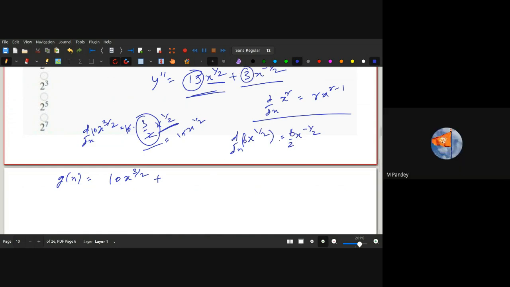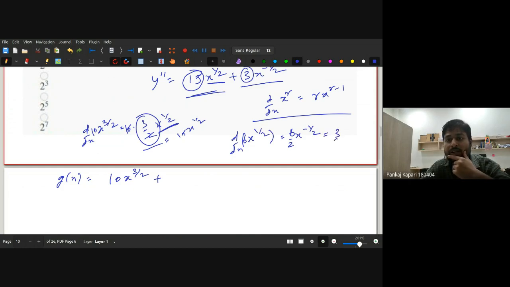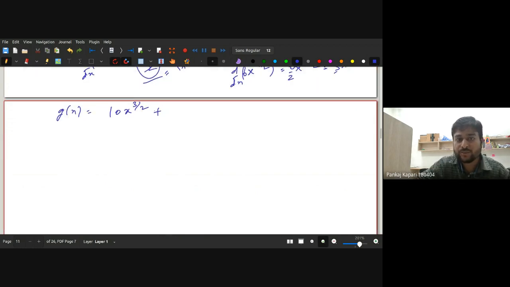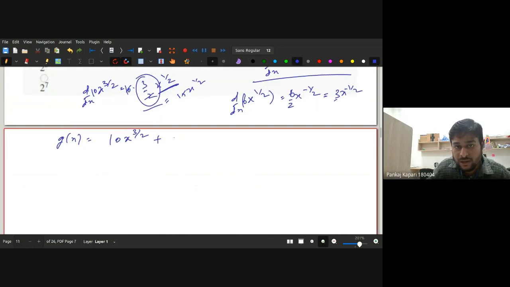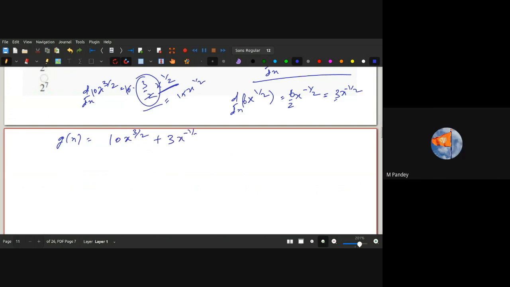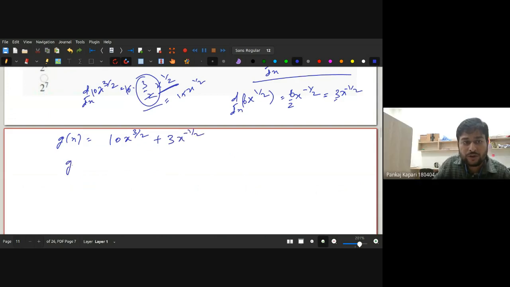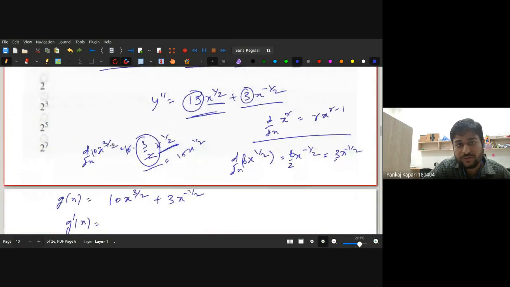So this is 6 by 2, and then you will get 3 times x to the power minus half. So we will consider this function, 10 times x to the power 3 by 2 and 6 times x to the power half. Now if you differentiate this function, then you see that you will get exactly the y double prime, which is 15 root x.